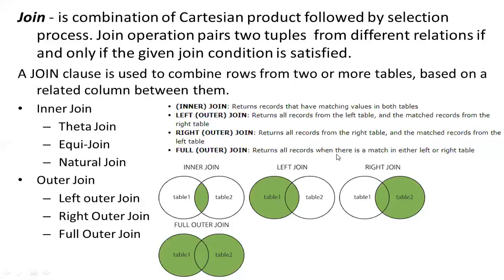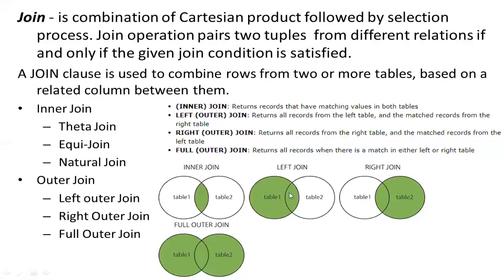In the left outer join, it returns all the records from the left table, and only the matched records from the right table are taken. Only the matching records from table 2 will be added with your table 1.